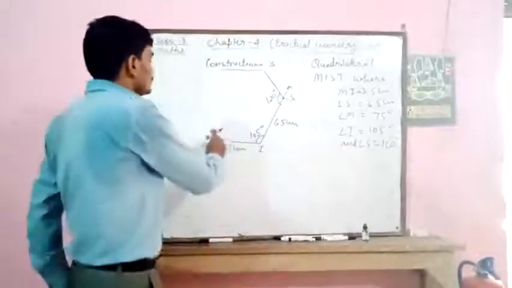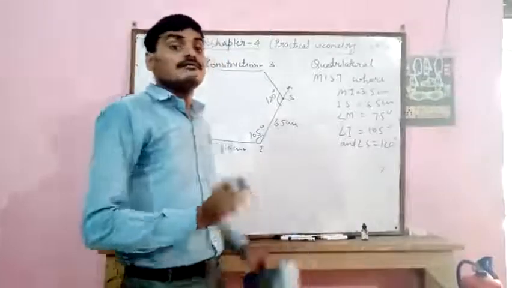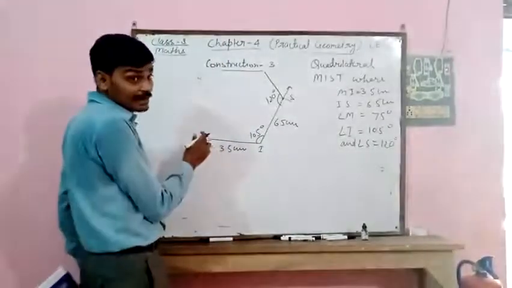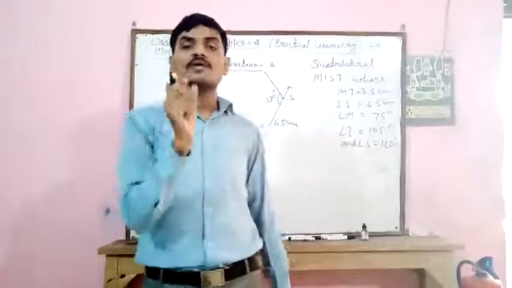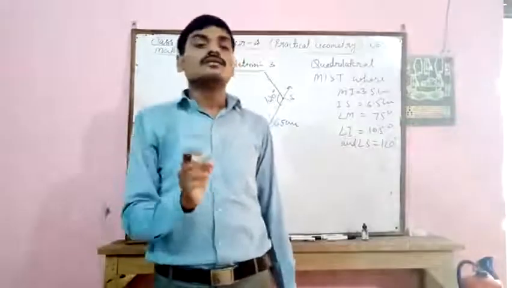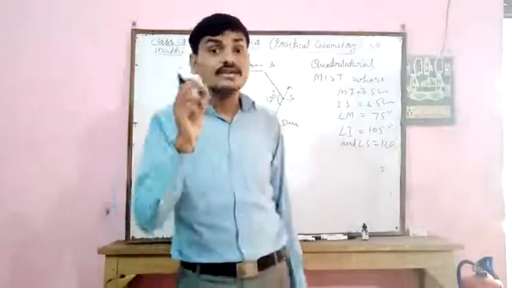Now you have to draw the angle M, which is 75 degree. How will you obtain 75 degree with the help of ruler and compass only? First of all, you should draw the 60 degree.